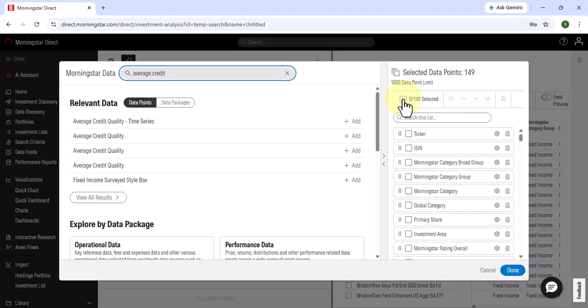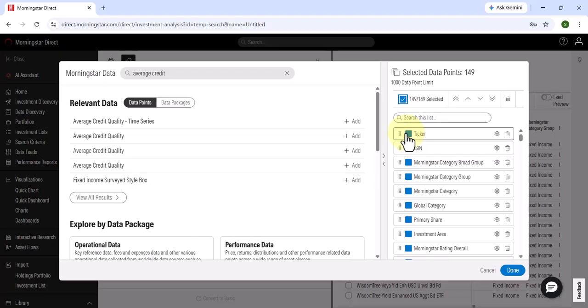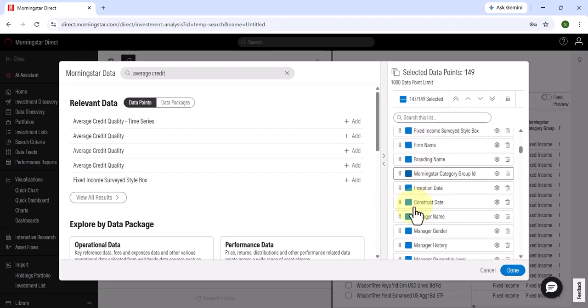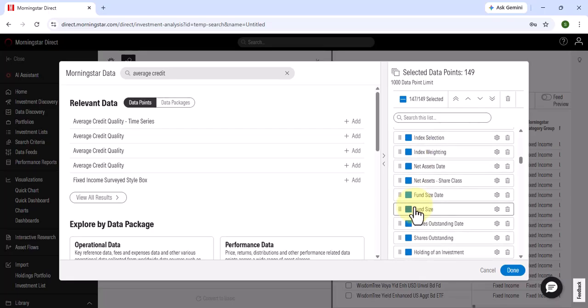So I'm going to select all of them and deselect the ones that I want to keep. So I want to keep the ticker. I want to keep the Morningstar category. And you can go through these and see if there's ones that you're interested in seeing.